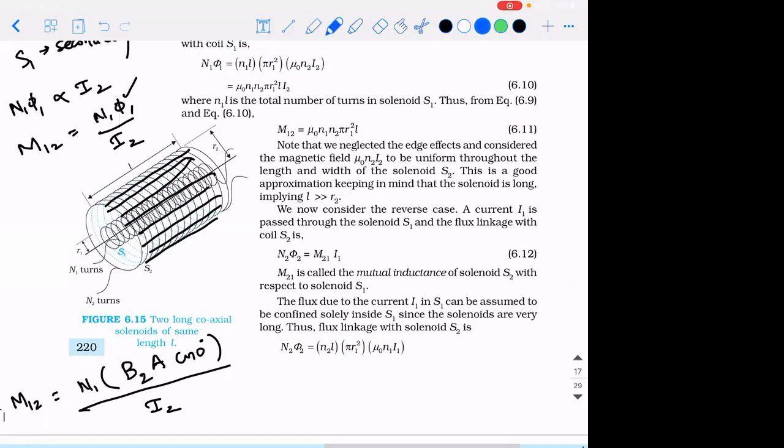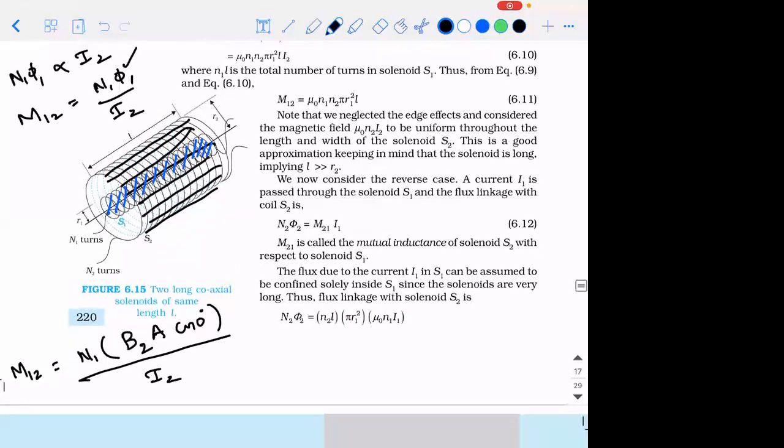So from B2, only this portion of B2 is passing through the first coil. So here the tricky part is, though the magnetic field is generated due to the second coil, the flux linked with the first coil is still going to be only within its area.